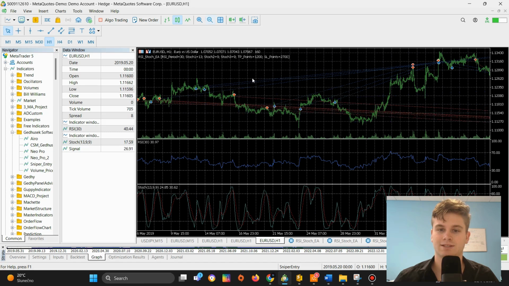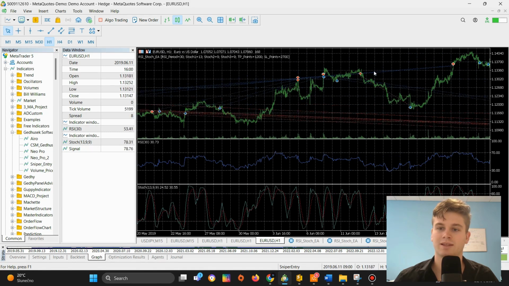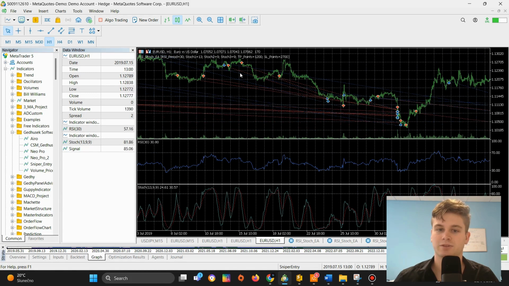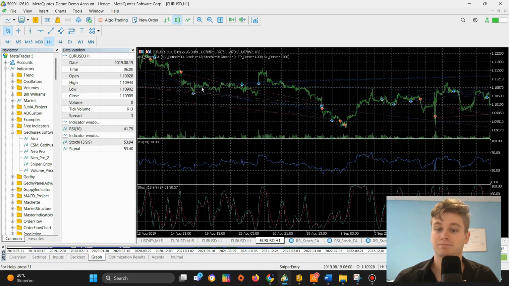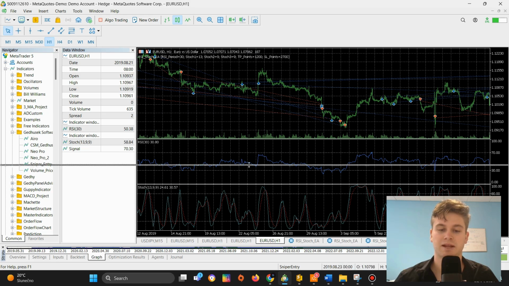So we open buy positions here and it goes all the way up here. And for sell positions, it's the same thing. It's not a bad thing per se, but it's really hard to keep your risk in touch with an EA which operates like this. But it's still profitable, so that's the main thing.